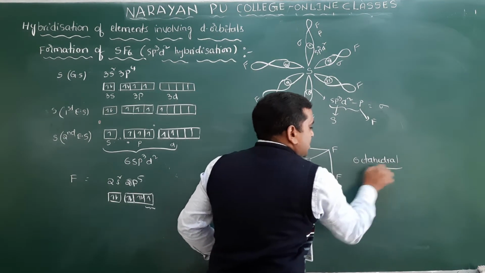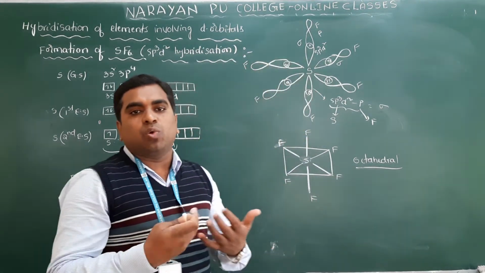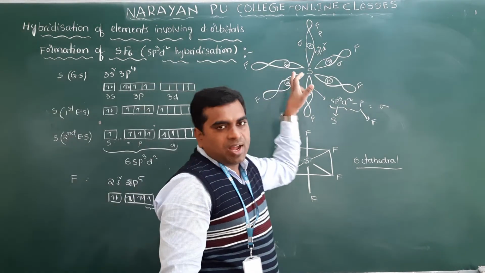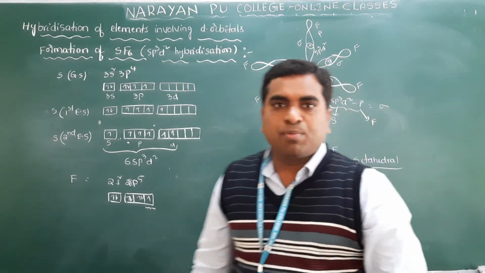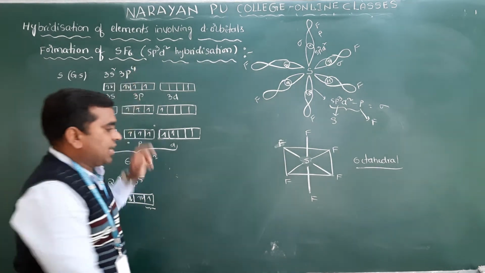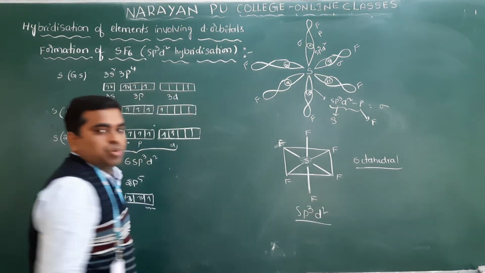Because I mentioned the shape of the hybrid orbital is the shape of the molecule also. Clear, my guys? I have written octahedral for the hybrid orbital shape, so the molecule shape is also octahedral only. This is about the formation of SF6, and the central atom hybridization is sp3d2.